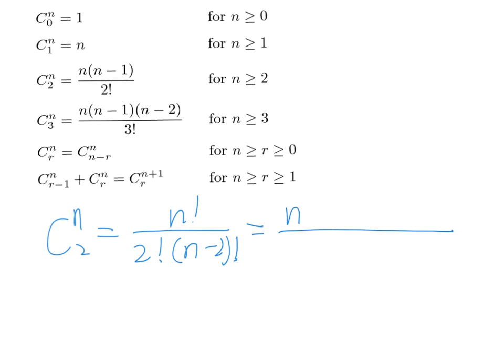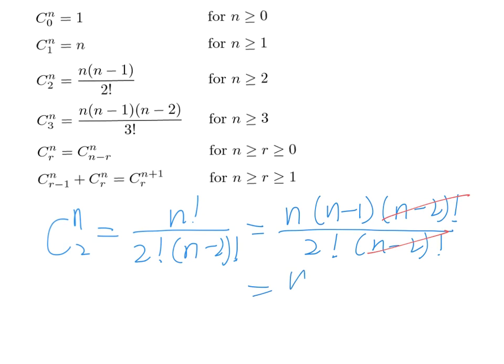We write n factorial as n times n minus 1 times the factorial of n minus 2, divided by factorial of 2 and the factorial of n minus 2. And we cancel out these, so we have n times n minus 1 over the factorial of 2.